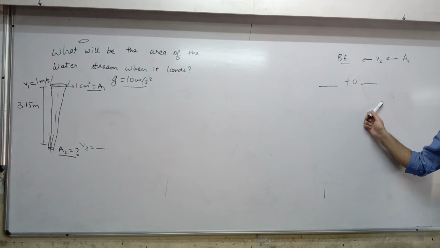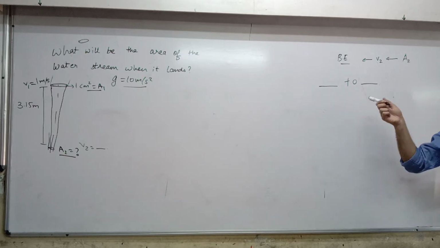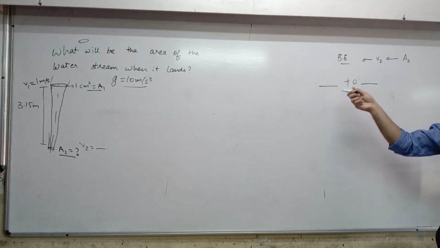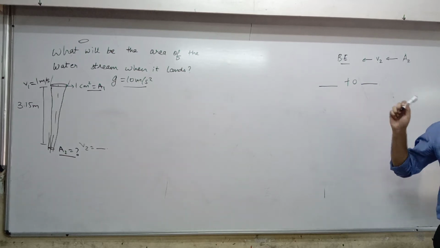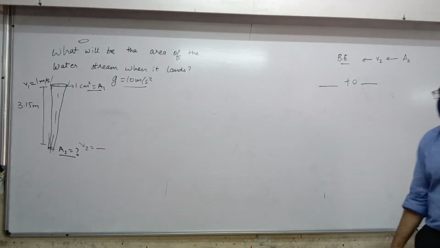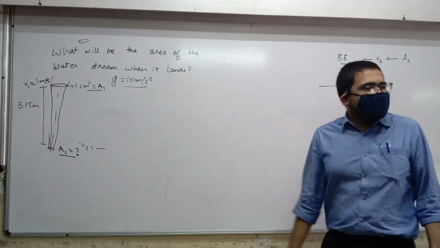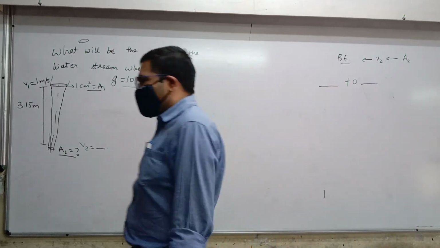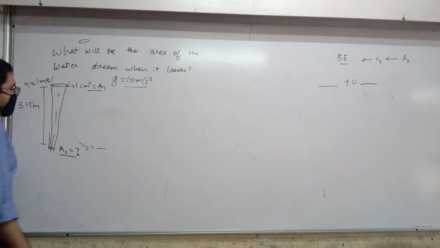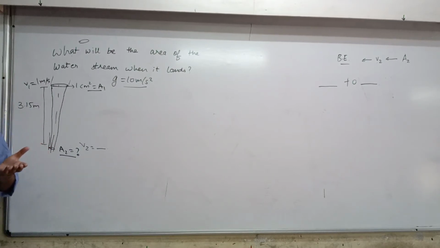Who has written this? Raise your hand. So next time everyone do this first. You are using Bernoulli's theorem between 2 points. So where are those points? Write that first. Otherwise you will confuse yourself and you will get the wrong answer. Where will you take the first point? Initial point at the tap. Yes, here. First point. Where will you take the second point? Here. Clear?